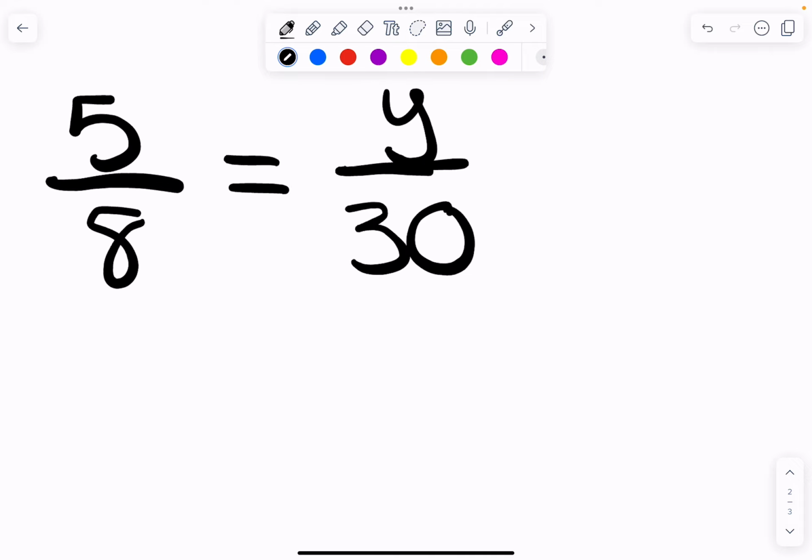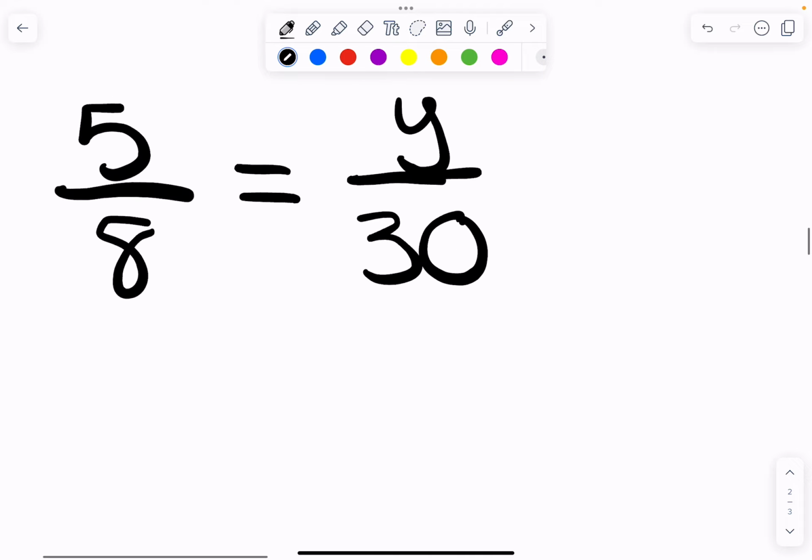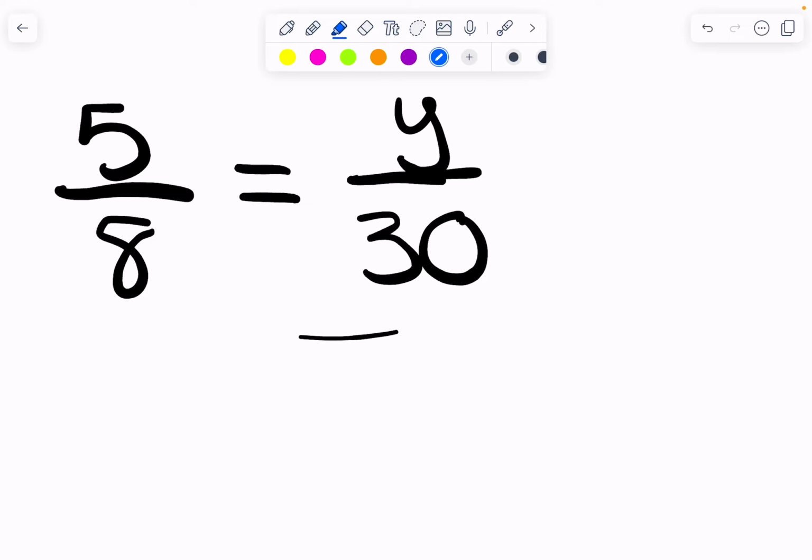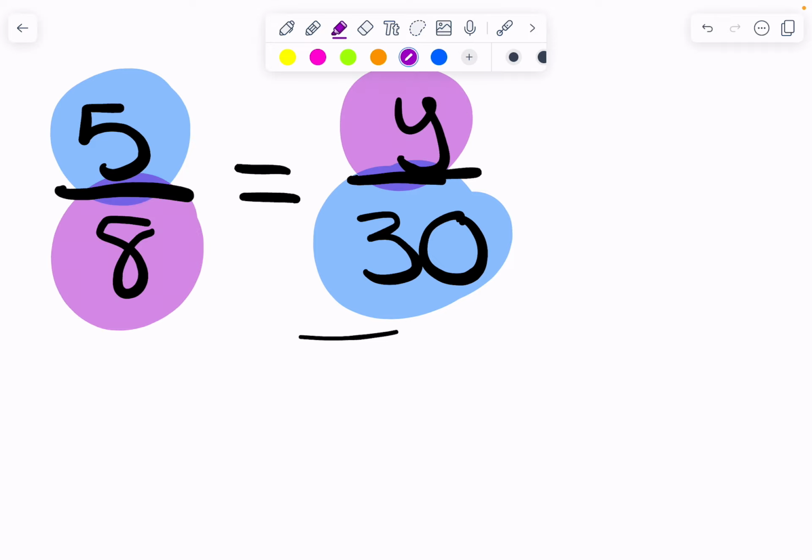I have 5 to 8 is equal to y to 30. On this one, it's really hard to see a really clear relationship between the 5 and the 8 or the 8 and the 30. And there's nothing to simplify. So I can look at my cross products. I have 5 and 30 and 8 and y.